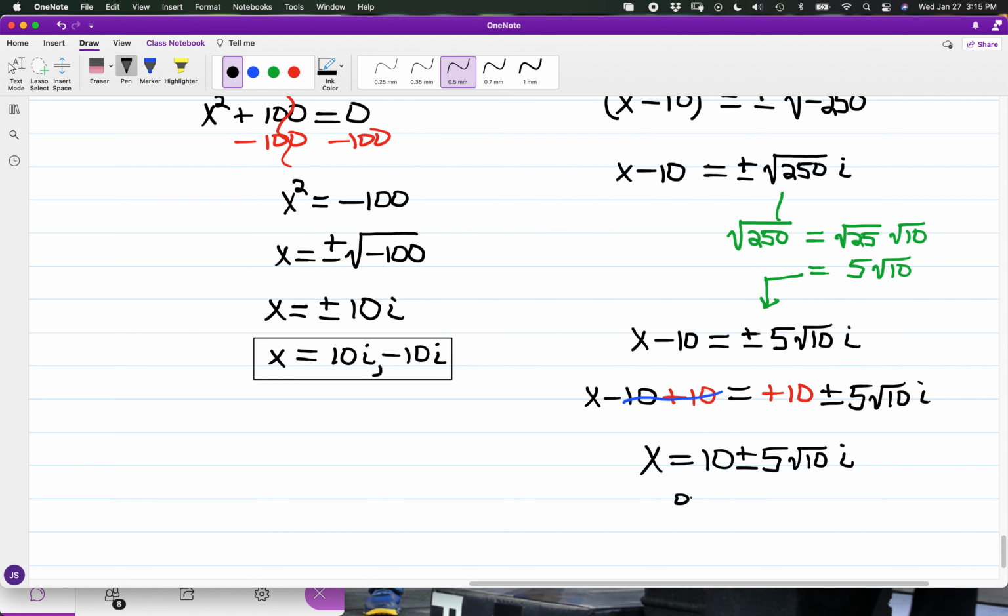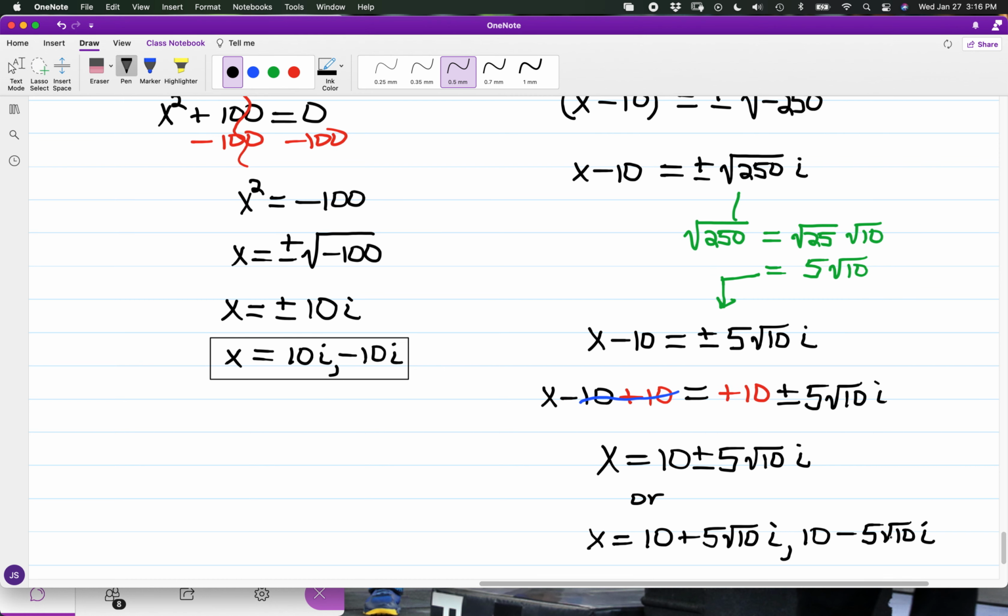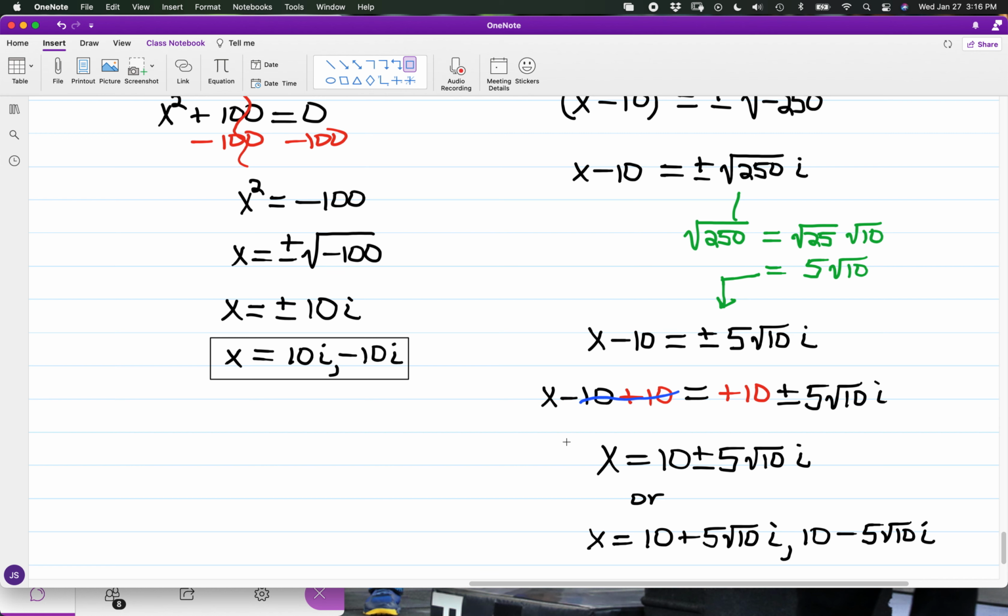And again, if you were to write the solutions separately, we have 10 plus 5 times the square root of 10 times i, as well as 10 minus 5 times the square root of 10 times i. So we have exclusively complex roots resulting from these equations.